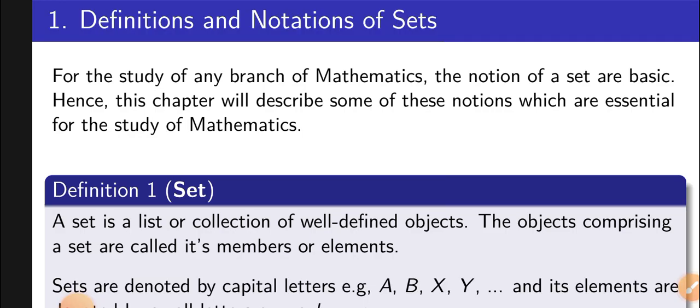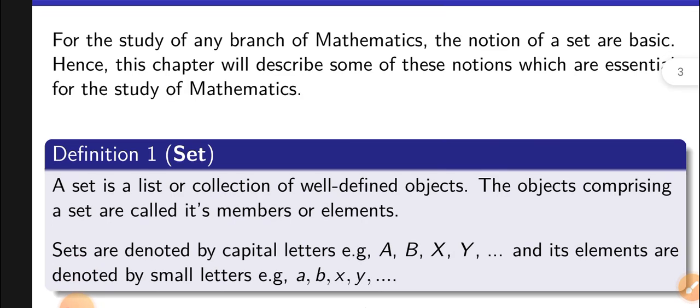And in this lecture slide, they have defined a set to be a list or collection of well-defined objects. So what do they mean when they say well-defined objects? They mean objects which have something in common, objects which can be defined using a short phrase or a single statement. So let me break this down again so that you may understand what I mean.